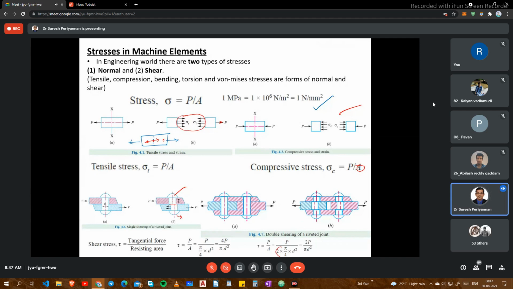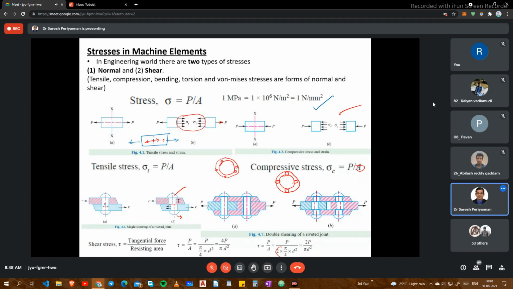You might have seen some components that use many rivets, right? For example, in a car wheel, the tire and drum are connected by sometimes 6 bolts, sometimes 4 bolts, right?